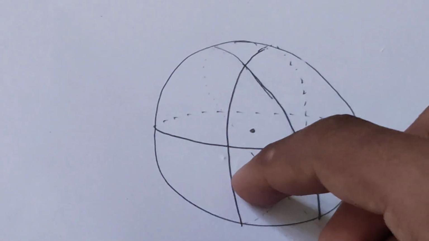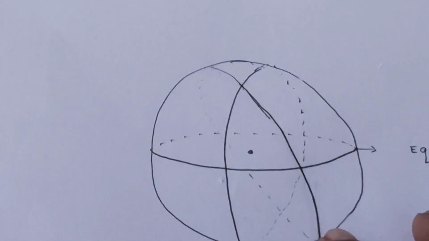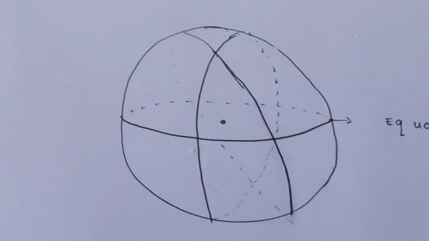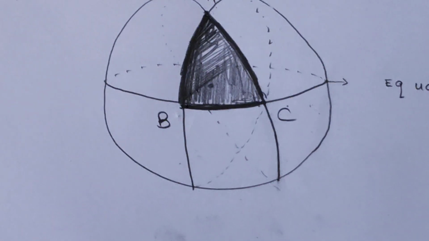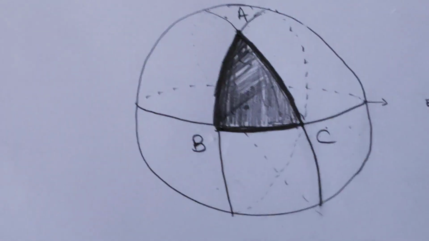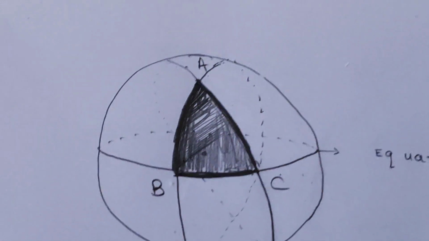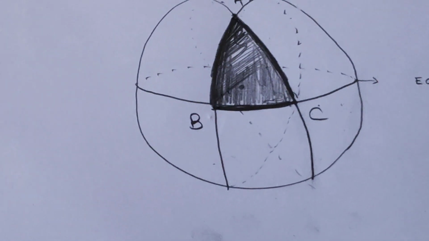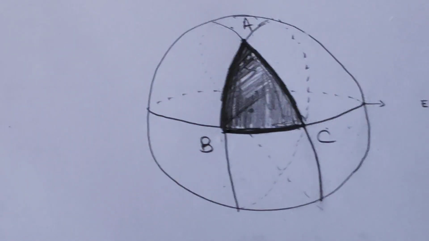The region bounded by three great circles is what we call the spherical triangle. As you can see in the figure, I shaded the spherical triangle somewhat like this. We are dealing with only the spherical triangle in the 2D plane.